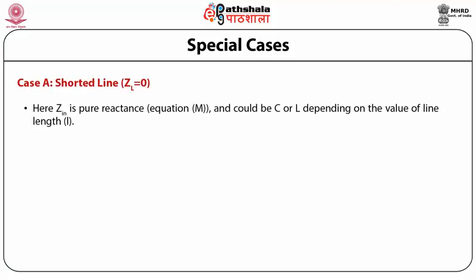So here Zin is pure reactance, which is represented by equation M and could be C or L depending on the value of line length L.